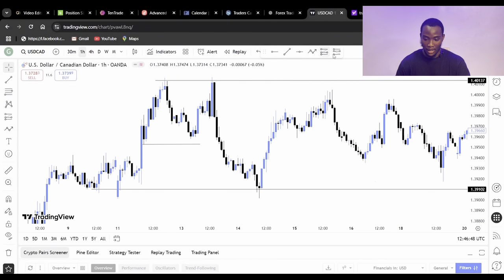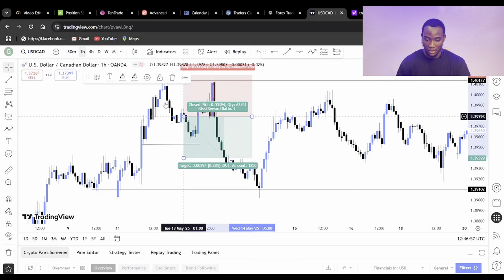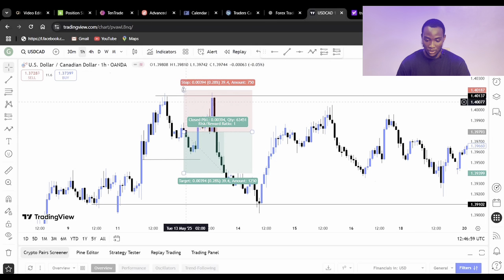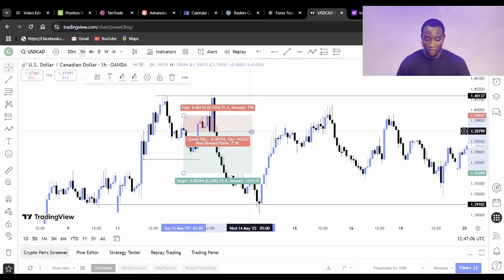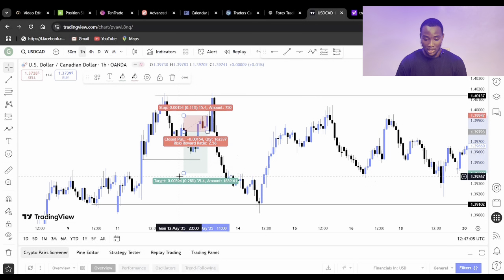And if we were in the past, that was the 13th of May 2025, we would have executed this trade using 15 pip stop loss, and we'll be targeting 1 is to 3.